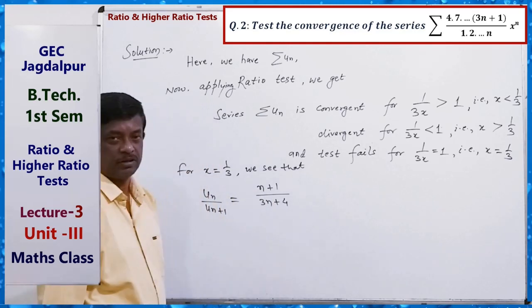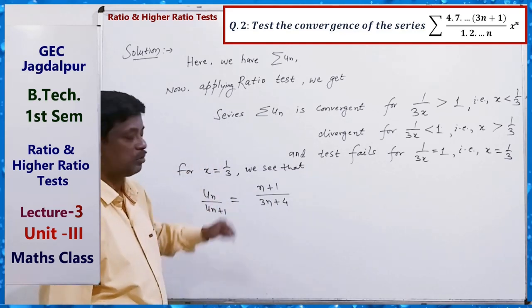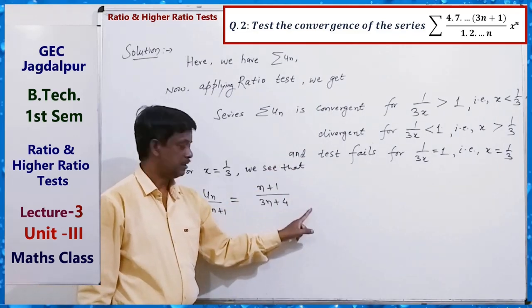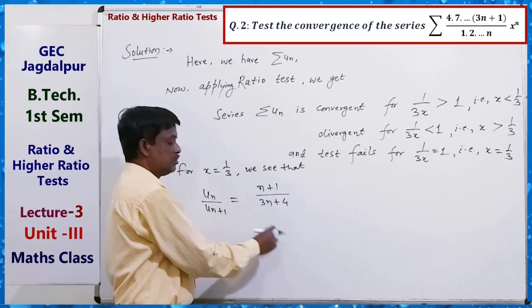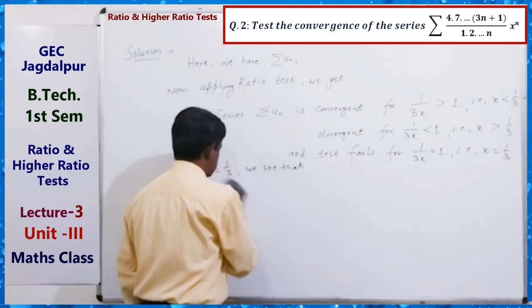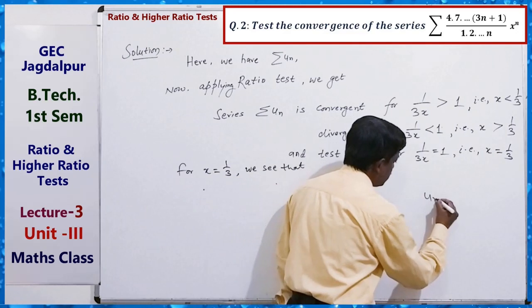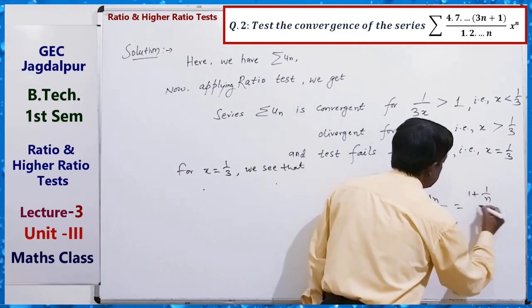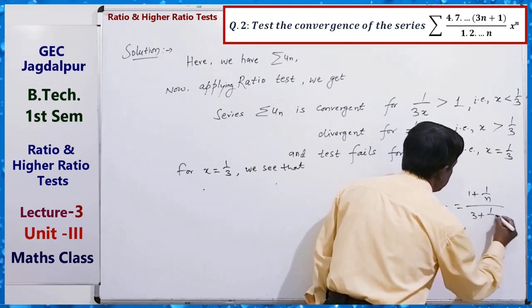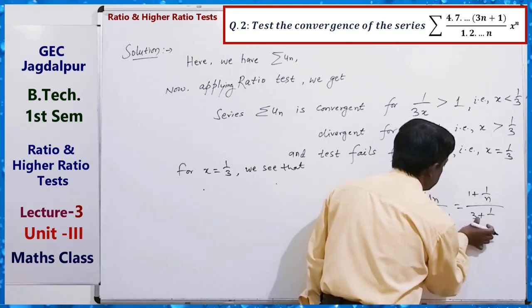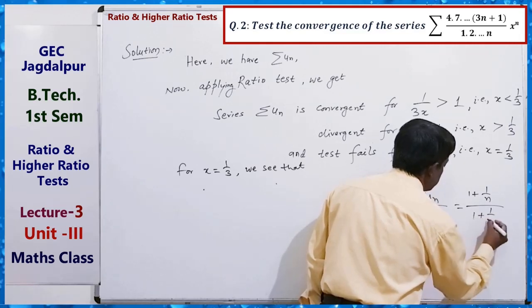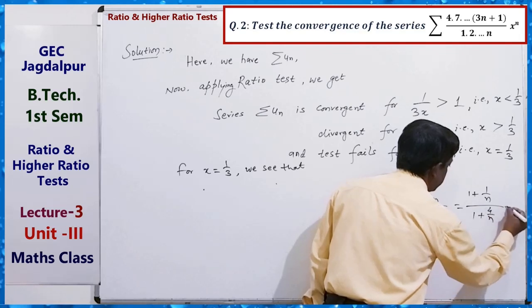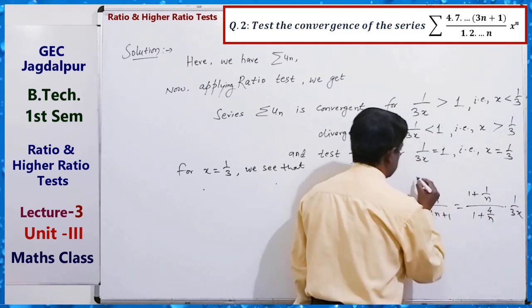This was the un because x equals 1 by 3. Or see our previous value: un upon un plus 1 was 1 upon 1 plus n upon 3 plus 1 upon 1 plus 4 upon n, into 1 upon 3x.